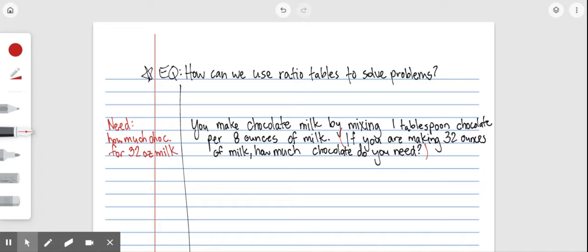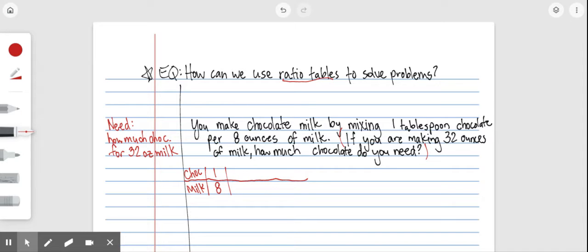Okay. All right. So because we're using ratio tables, I'm actually going to set up a ratio table. And the story problem will usually have a ratio table set up for you already with some information in it. Chocolate and then milk. So the ratio table is going to have that first piece in there, 1 tablespoon of chocolate for 8 ounces of milk.